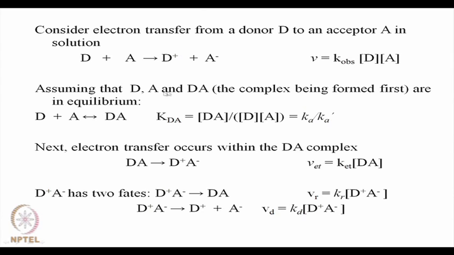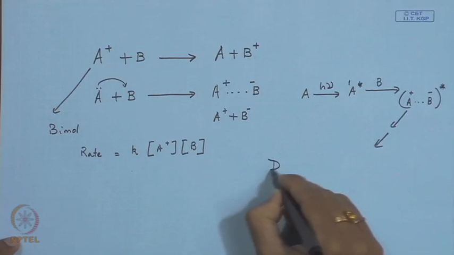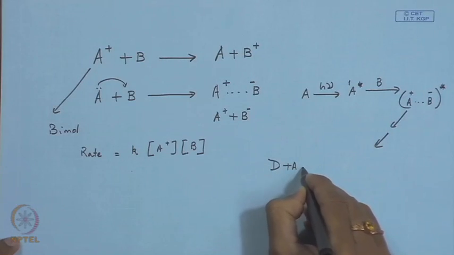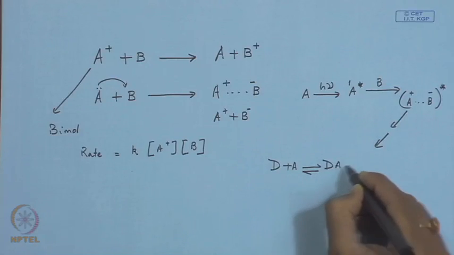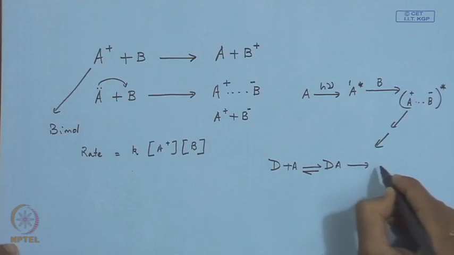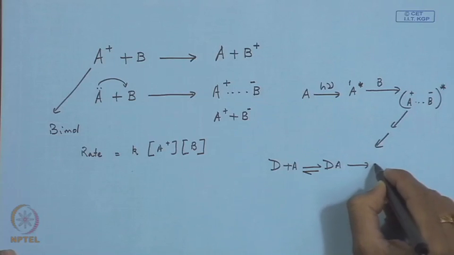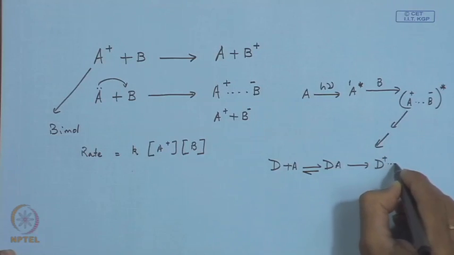Also, if we assume that it proceeds via formation of a DA complex, that is a donor acceptor complex, followed by electron transfer, that is an equilibrium is established between A plus D to AD, or D plus A to DA, an equilibrium is established, then electron transfer takes place to give rise to your D plus A minus.